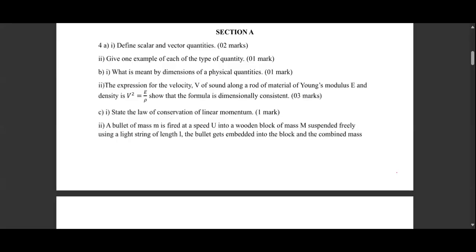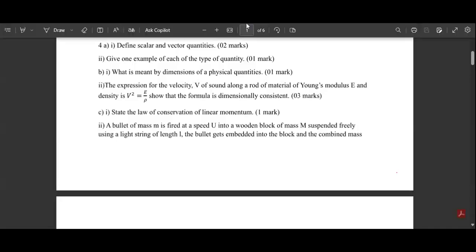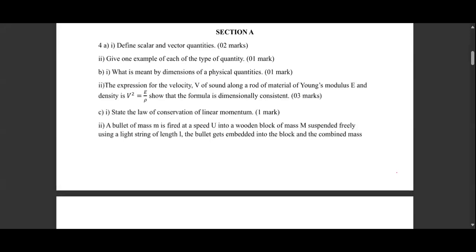They want us to show that this formula is dimensionally consistent. So for this case, I'm going to share with you an open screen where I'm going to be doing some calculation.